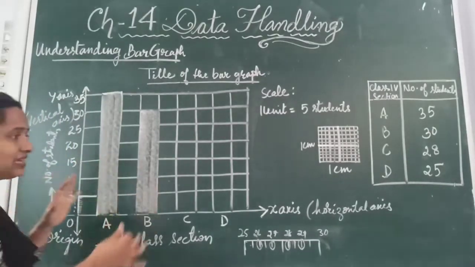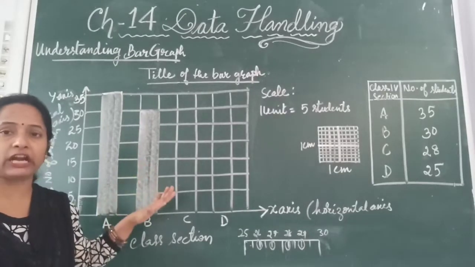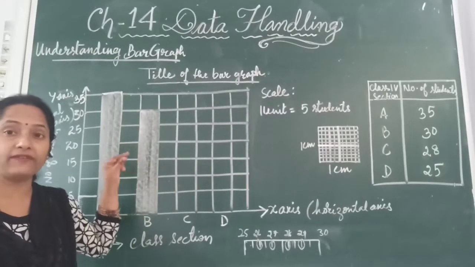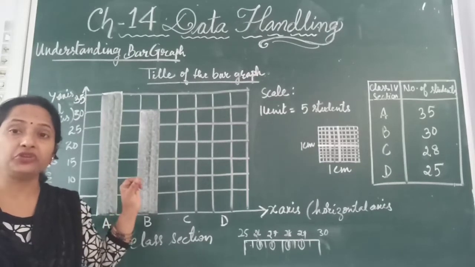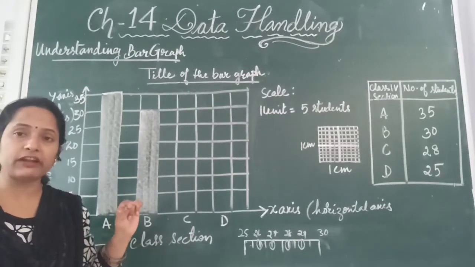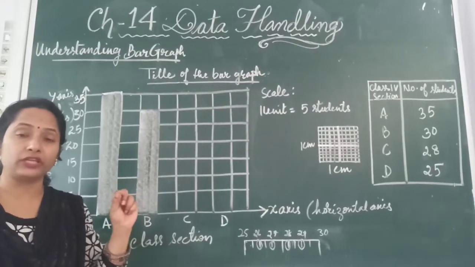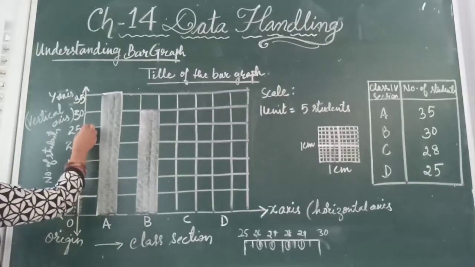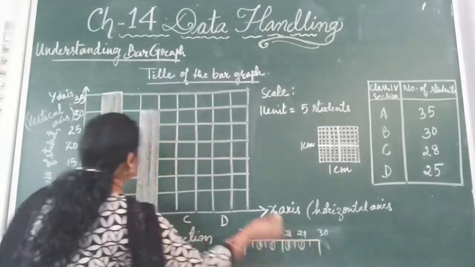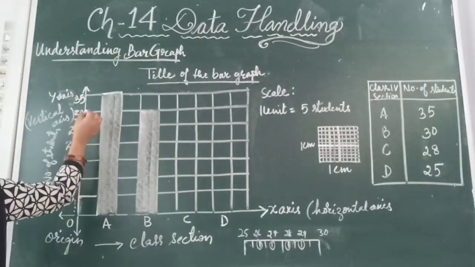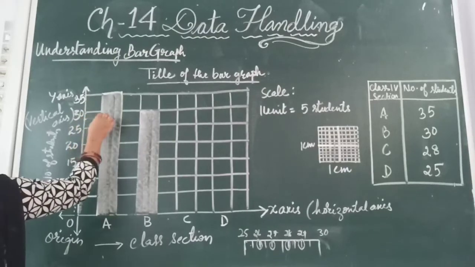As it is not drawn on a graph paper, here I will try to figure it out approximately, but when you draw the bar graph on a graph paper, you have to carefully check at what point you get the number 28. The number 28 is a little close to 30, so here I am just marking this as the number 28.